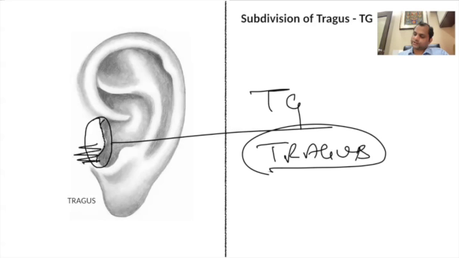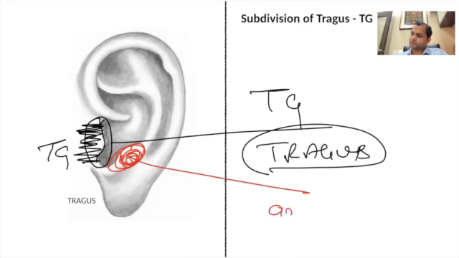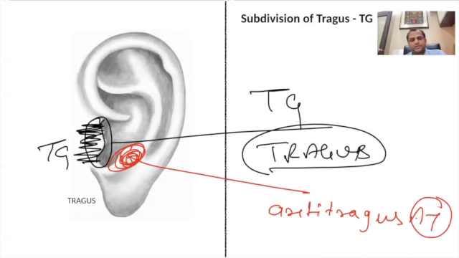So this is the tragus or TG. The opposite part, this is the anti-tragus or AT.